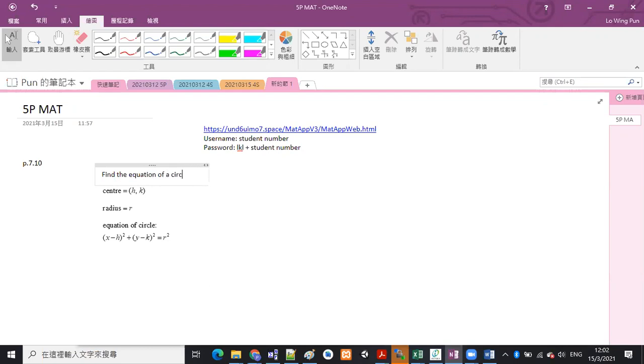All right, this is how we can find the equation of a circle. Step 1 to find the center, step 2 to find the radius, step 3 to write down the equation of the circle using this format. Today we will focus on when it is given the equation of a circle, and we want to find the coordinates of the center and the length of the radius of a circle.